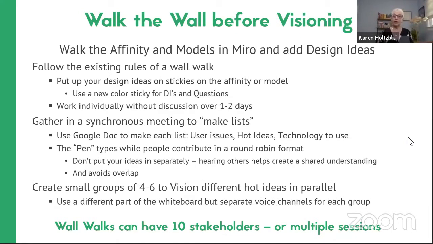Then once you see your different vision themes, you're going to pick them and you're going to have your vision team, not more than 6 people on a vision team. And then they can either march through the hot ideas, making sure that they haven't really incorporated them into the earlier visions, or you can also have little vision teams working in parallel, and then you can share and evaluate. This is just the same as we would normally do.